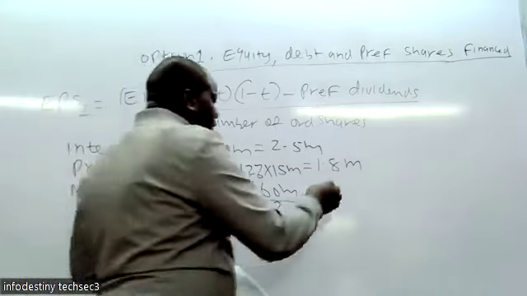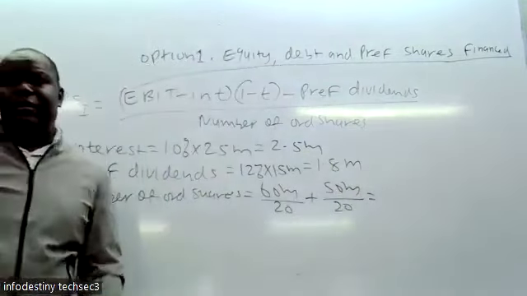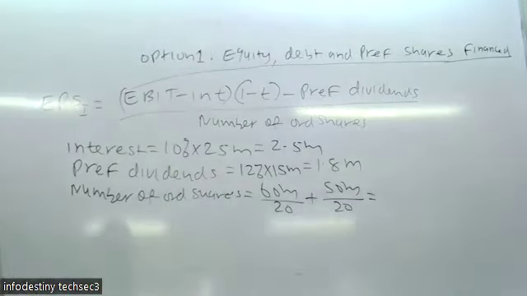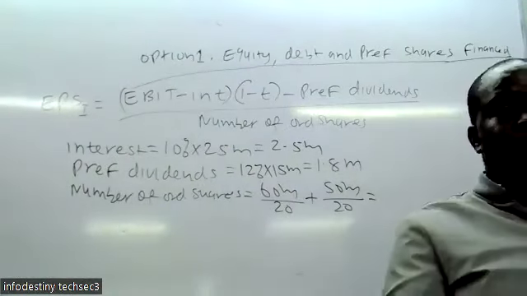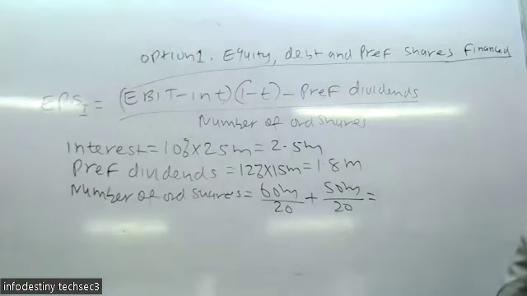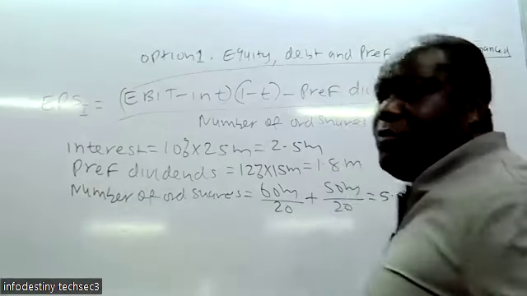So we also add their 50 million divided by 20, because under option 1 the new funds will be raised. We get 5.5 million.